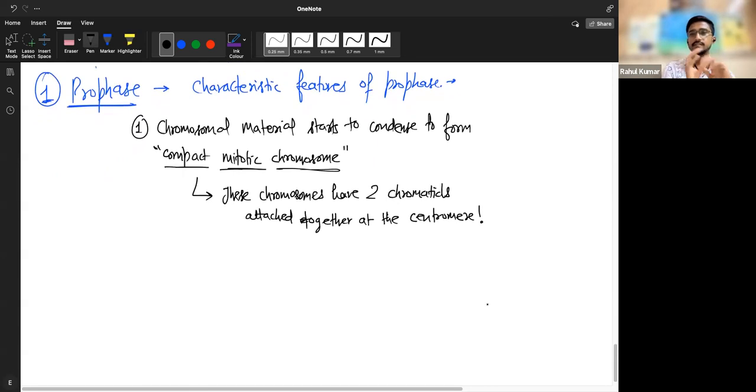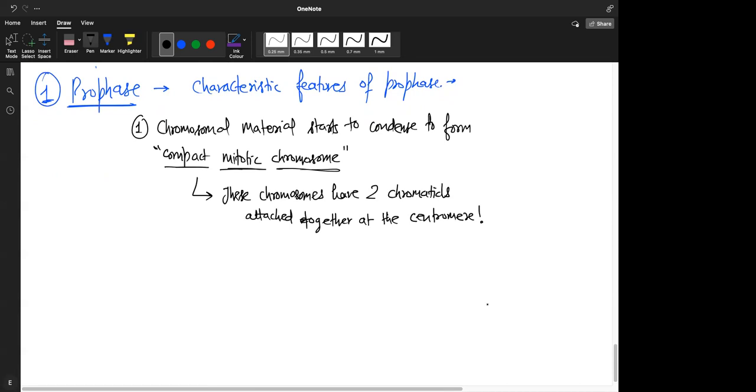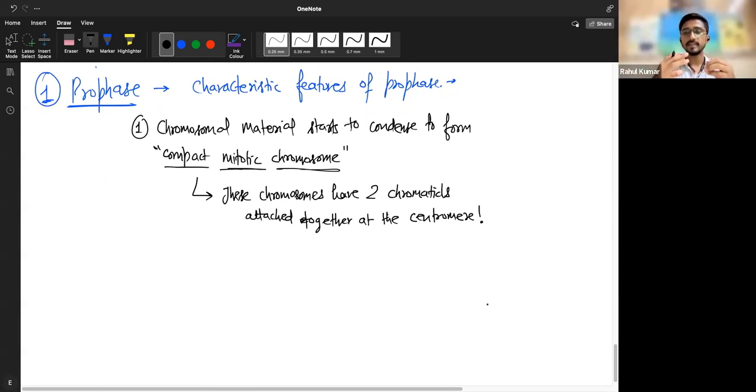Is it clear? This is logical, right? The bride and the groom both are trying to compact things now because the day is near. So these chromosomes have 2 chromatids attached together at the centromere.